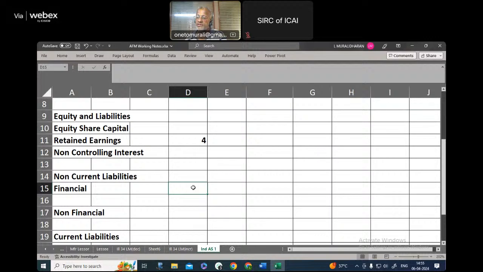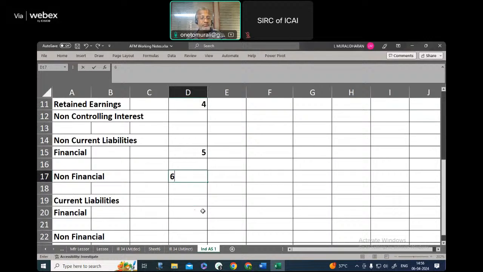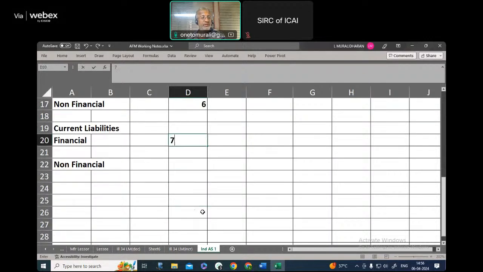We will take up this as 5. This is 6, 7. This is 8. Correct?